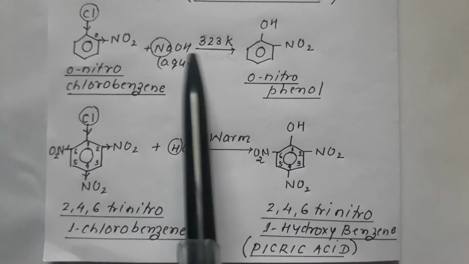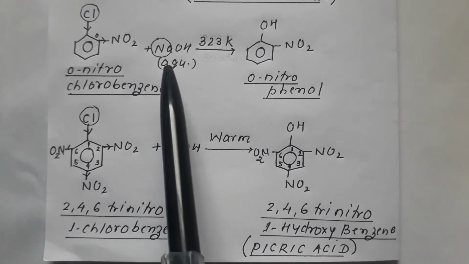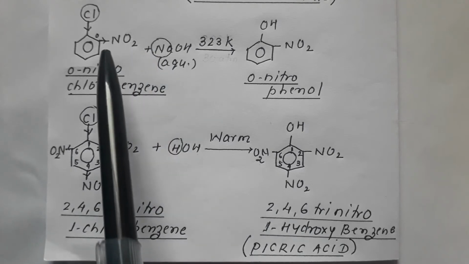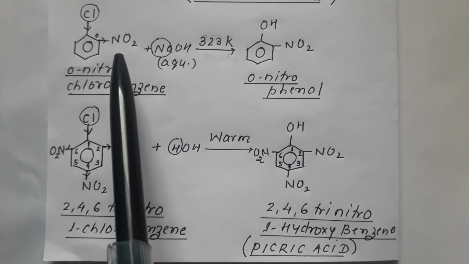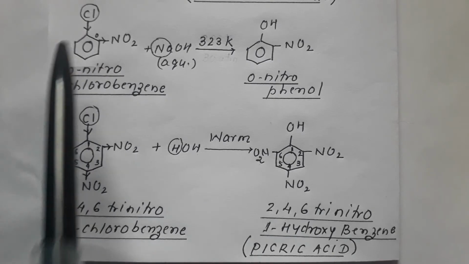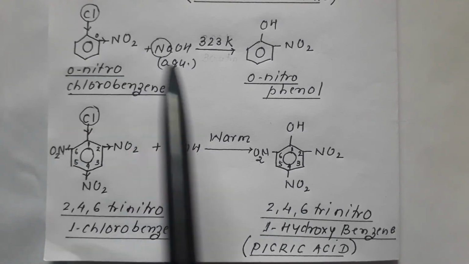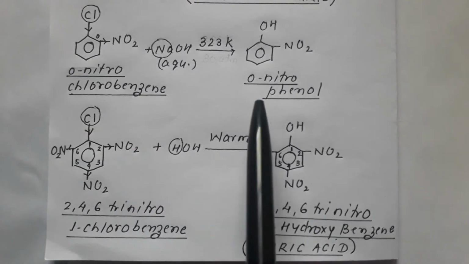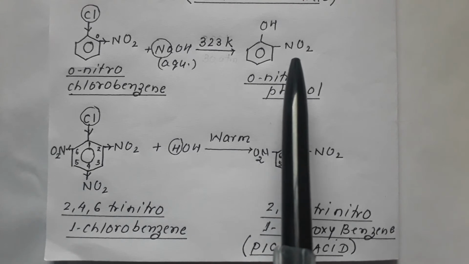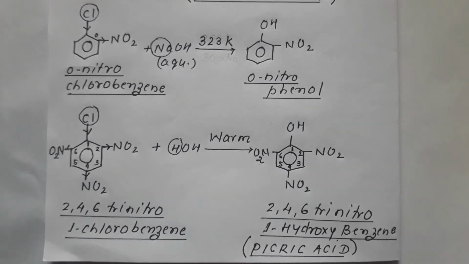The low temperature requirement proves that the reactivity of haloarene has increased. And why has it increased? Due to installation of an electron withdrawing group, which proves that low reactivity is due to the electron donating halo. So Cl from here, Na from here go in the form of NaCl, and it results in formation of ortho nitrophenol. This is nitro at the ortho position, ortho nitrophenol.